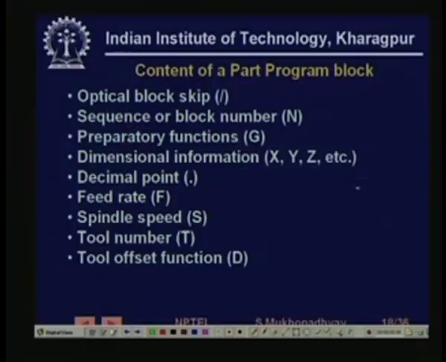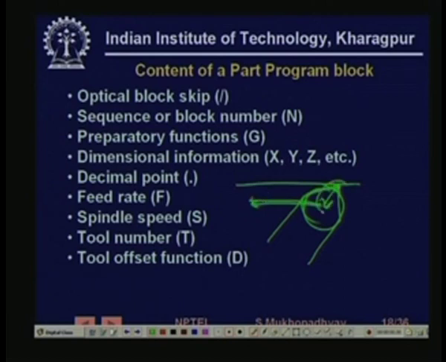For exact dimensional accuracy, because the tool has a finite radius, when the tool moves there is some distance between some logical center of the tool tip and the actual point where it is making contact.